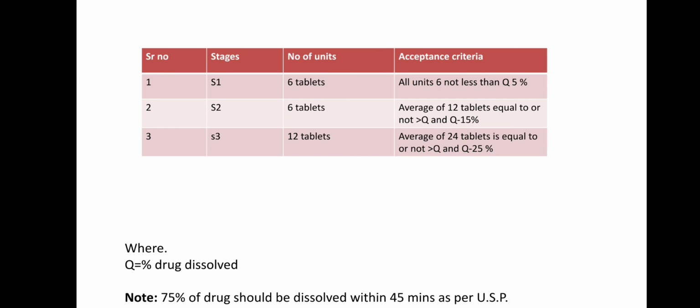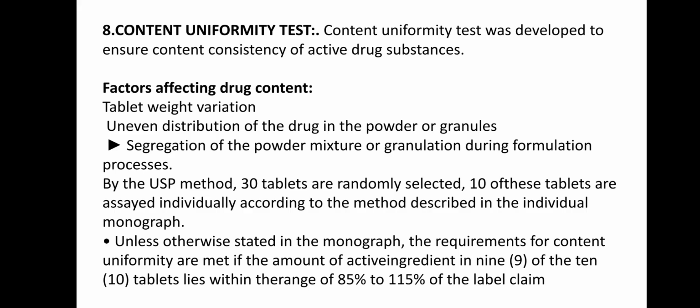S2 is 6 tablets, average of 12 tablets equal to or greater than Q, and no unit less than Q minus 15%. S3 is 12 tablets, average of 24 tablets equal to or greater than Q, and no unit less than Q minus 25%. Note: 75% of the drug should be dissolved within 45 minutes as per USP.